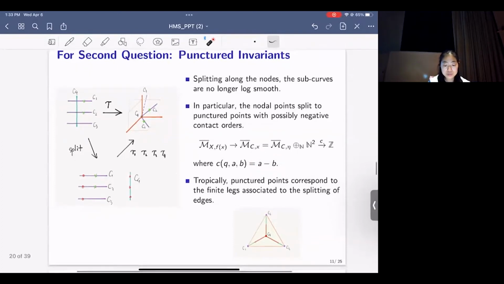And tropically, if we look at the dual picture, the punctured points will correspond to legs with finite length. Suppose we look at this C2 and split along this edge; we know that this leg can only extend to here, it cannot go beyond this. So it will correspond to a finite leg, instead of the marked points, which correspond to infinite legs.